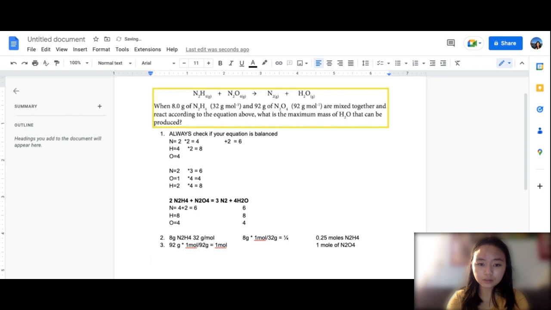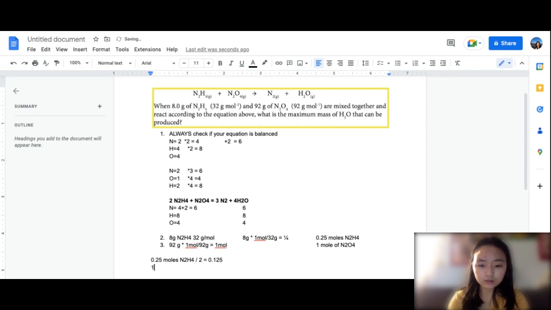You have 0.25 moles of N2H4, and an easy way to figure out the limiting reagent is to divide by the stoichiometric coefficient here, which is 2. And when we divide that, we get 0.125.